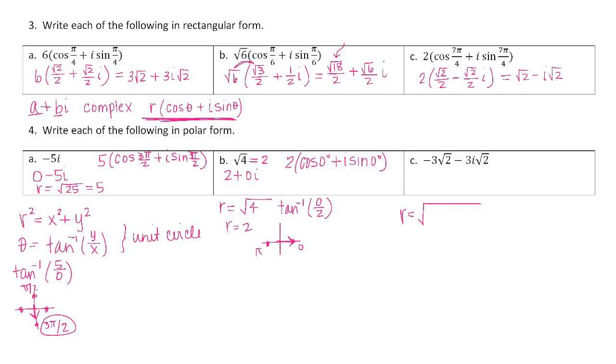Well, if I square negative 3, I get 9 times 2. So 9 times 2, that's going to be 18 plus another 18. So that looks like my radius is going to be the square root of 36, which is just 6. So I have r.